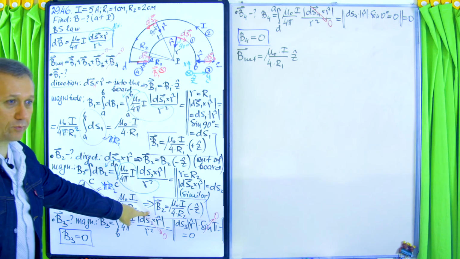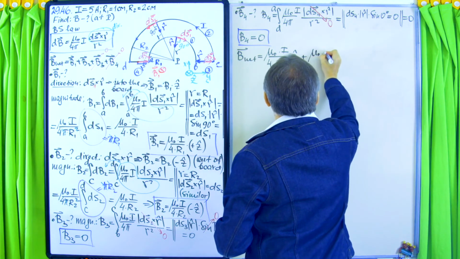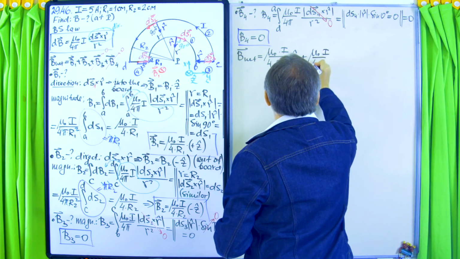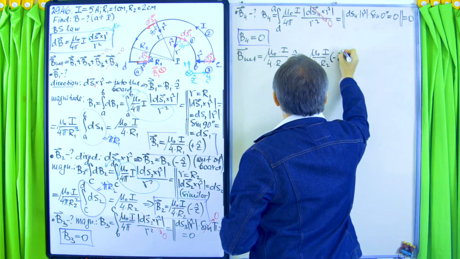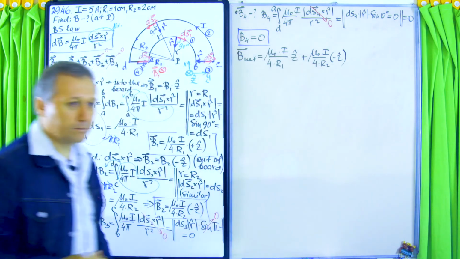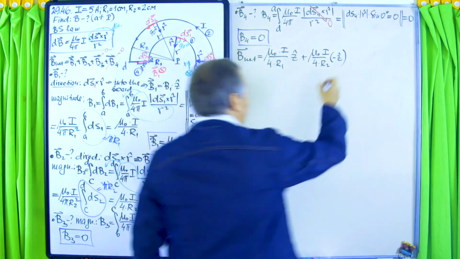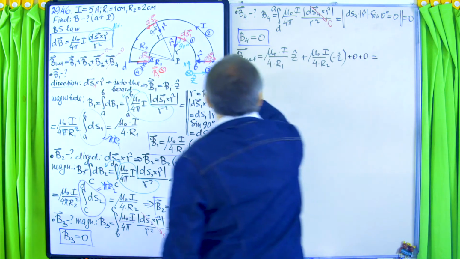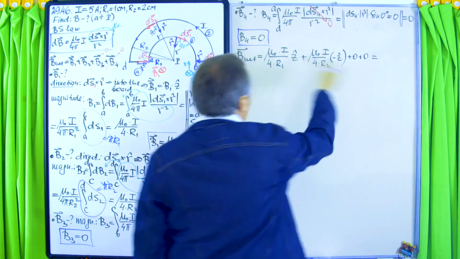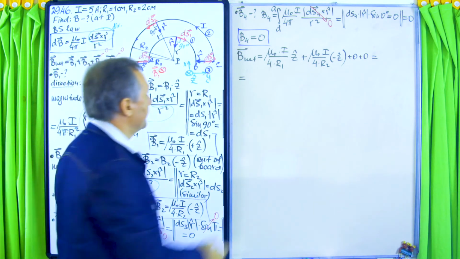Now I need to rewrite B2: mu naught times I divided by 4R2, and that is in the minus z hat direction. And 0 and 0. Awesome, right? Now it looks great. Now we can factor out a few things, and the problem is solved.